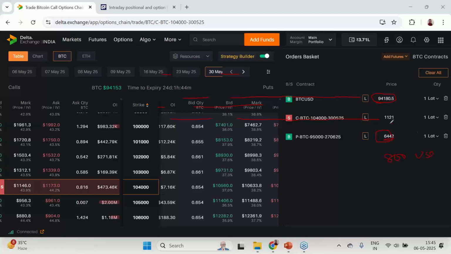We are receiving 1121, so we have lesser delta risk or positive delta risk. However, if it is having an intrinsic value of 1200 and you are receiving 1100, it is absolutely at delta risk. That will land you in losses.